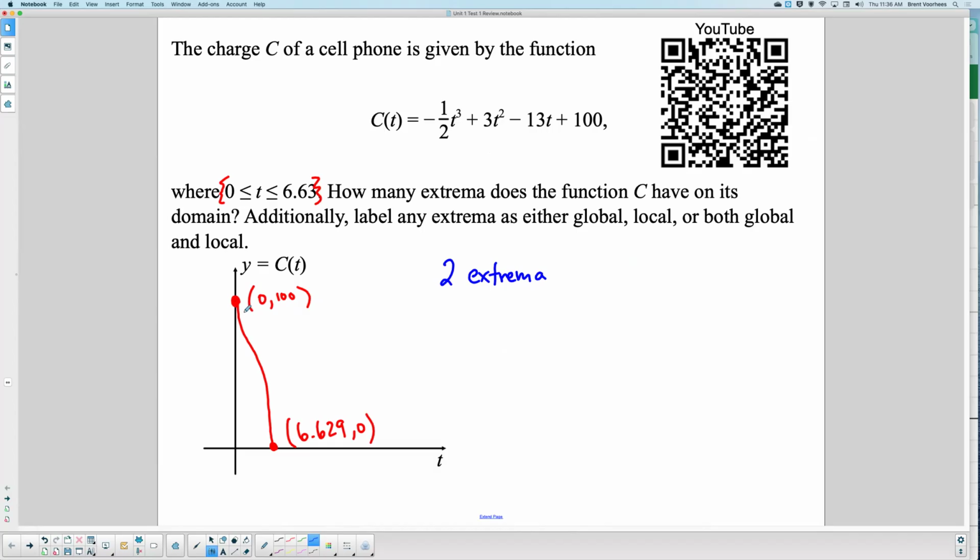Is that the highest point on the entire graph? So it's a global. Every maximum and minimum is always local. It's just whether or not it's also global. You could also use relative and absolute terminology as well. This right here is a global and local maximum.